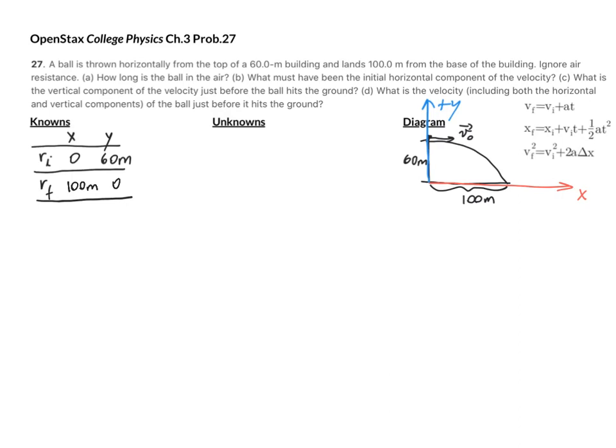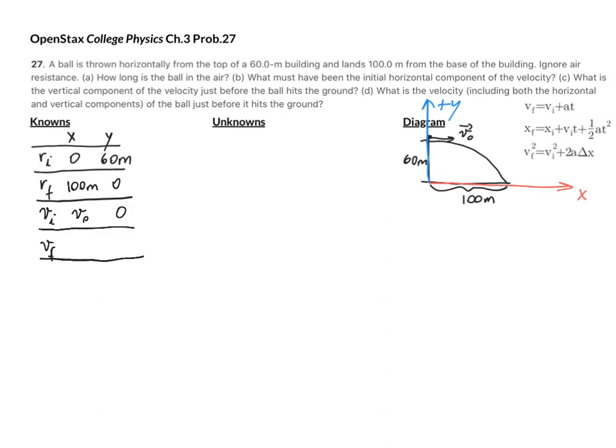The next things that we want are v initial, and we know that v initial is only in the x direction. We don't know the value for it, but in my diagram I called it v naught, and I know that there is no velocity in the y direction initially. Then v final.